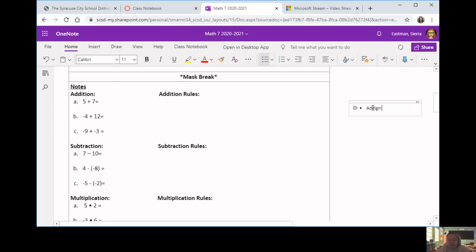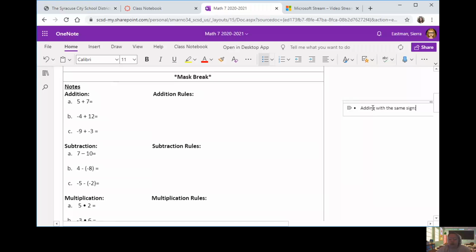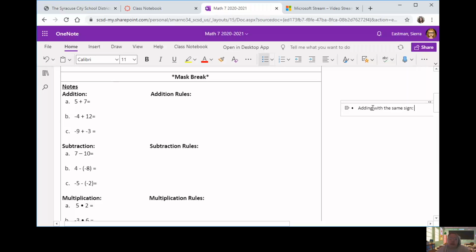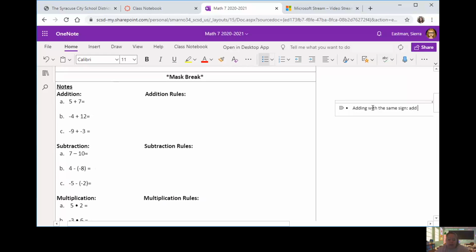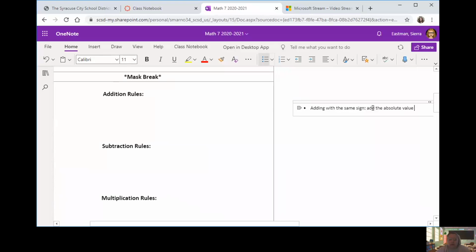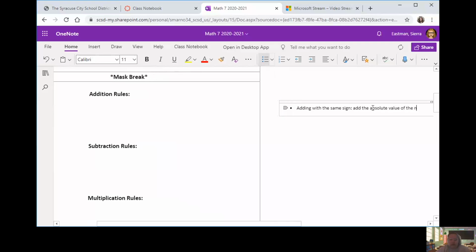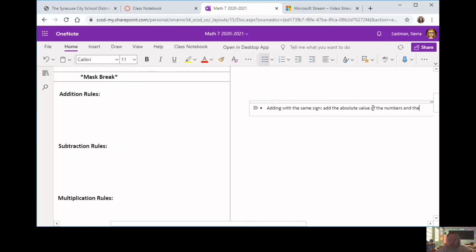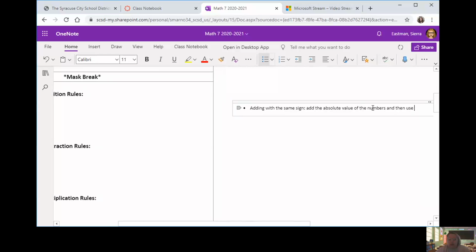Adding the same sign. That has one rule, and it is that we add the absolute value of the numbers and then use the sign that we originally had in common.